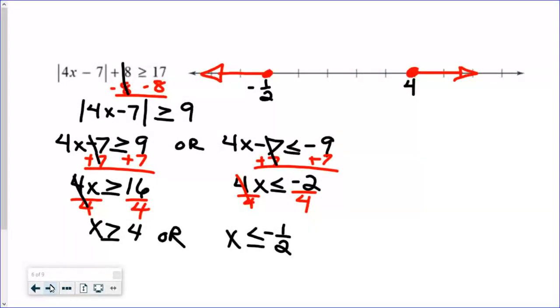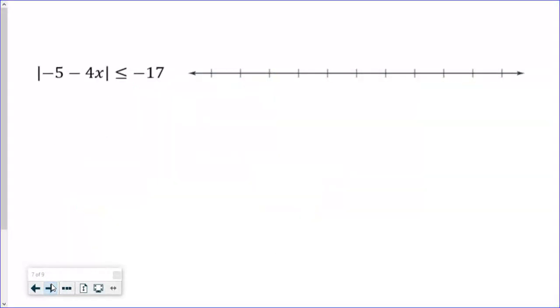Remember, usually work like that. Just a reminder, first thing, when I have a negative sitting here on the other side of the equation from the variable, I want you to think, if it's a less than symbol, if it's this or that version, that should tell you negatives can't be absolute values.